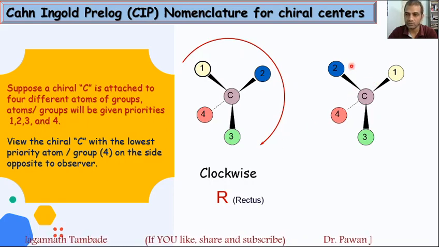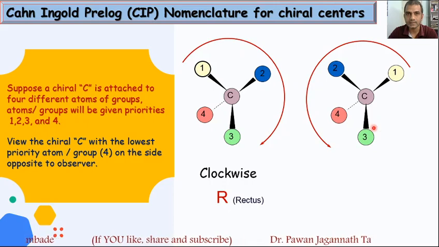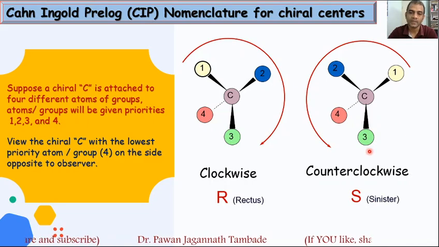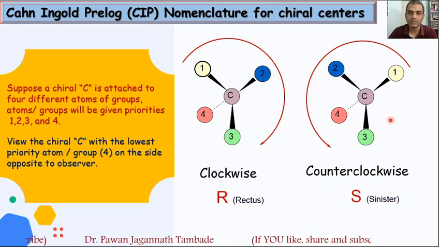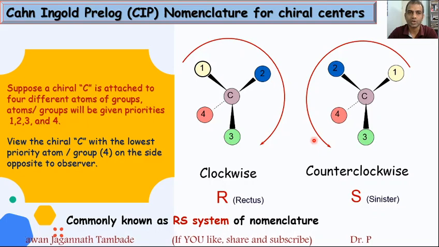And if you read these 1, 2, 3 groups in anti-clockwise manner like this, obviously the fourth group must be away from the observer, that is from you, then the name of this enantiomer is S, where R means rectus and S means sinister, which came from the words clockwise and counterclockwise. And this system is commonly known as the RS system of naming enantiomers.